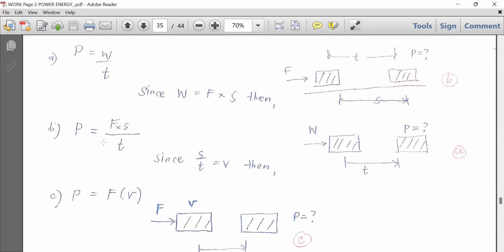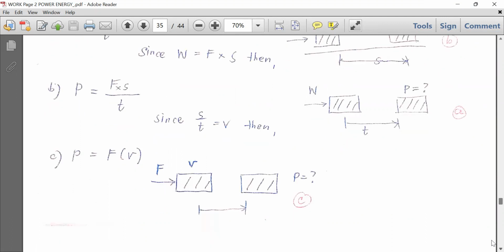You can use the formula Fs over time. And letter C, if you're given the force and the velocity, you just multiply Fv and you get the power.